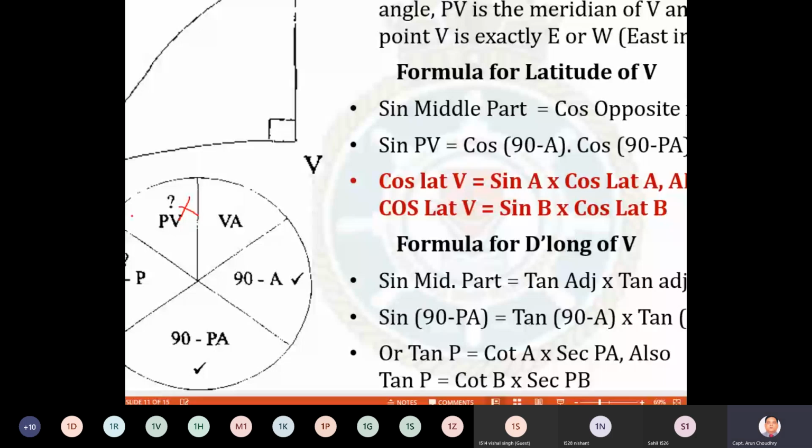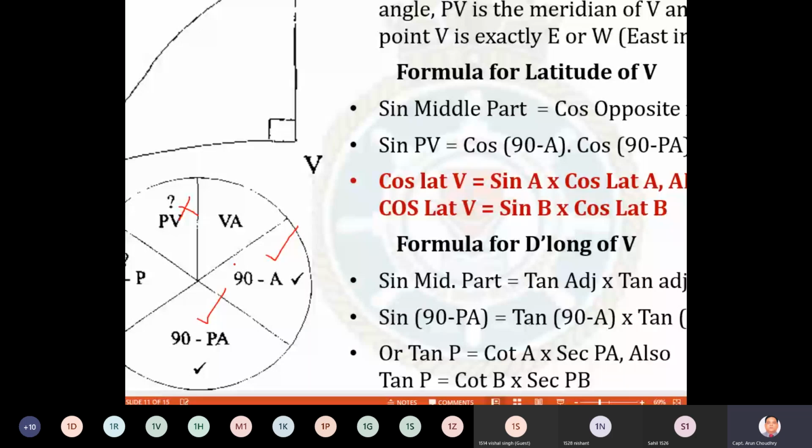All we know is PA, because this is the starting latitude. If we are in the northern latitude, 90 minus latitude will give you the value of PA. So we know this side, and we also know this angle because we have calculated the initial course. So basically we know these two, and now we have to find out all of this.